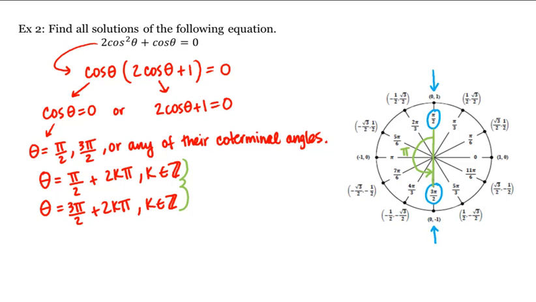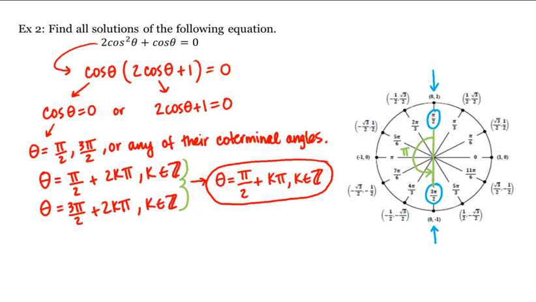That is, we can condense these two statements by writing theta is equal to pi over 2 plus k pi, where k is an integer. Which are the solutions to the first equation. Now, if you would have left both of these statements over here, you would have been correct. This is just a more condensed way of writing the answer.